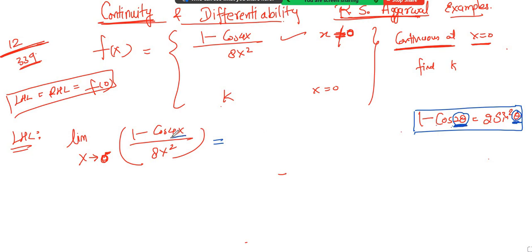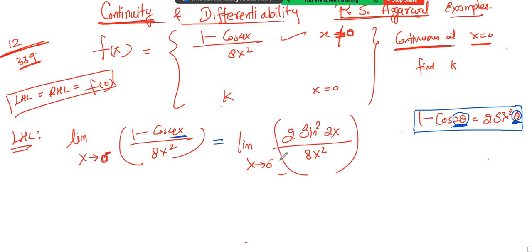So if it is 4x, what will it become? It will become limit x tending to 0 minus, twice of sine square 2x by 8x square. Why are we getting 2x? Because half of 4x is 2x.